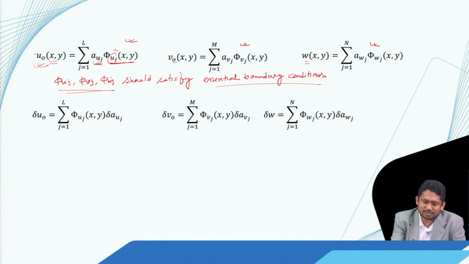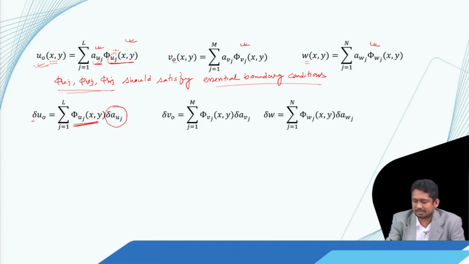Now, if I take variation of this quantity, delta u 0, then this is composed of two quantities, one is A u j, one is phi u j. Now, phi u j is something that we have defined, so it cannot be varied. Something which has a value given or something which is already defined cannot be varied, whereas A u j is unknown, so it can be varied.